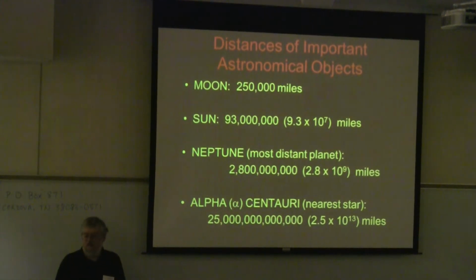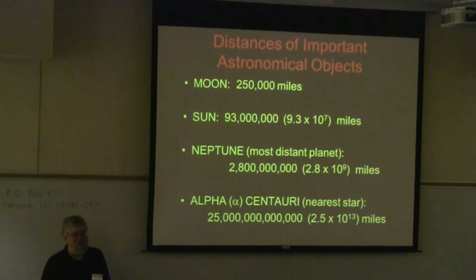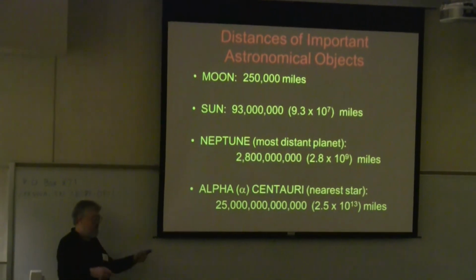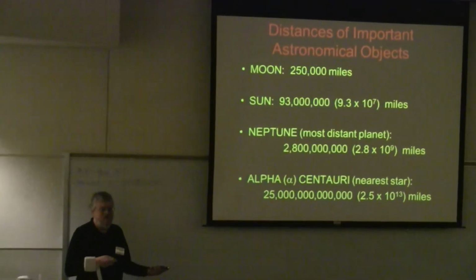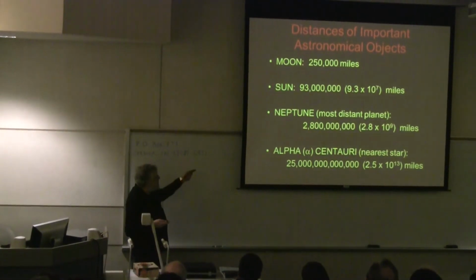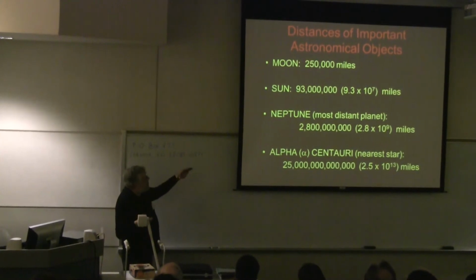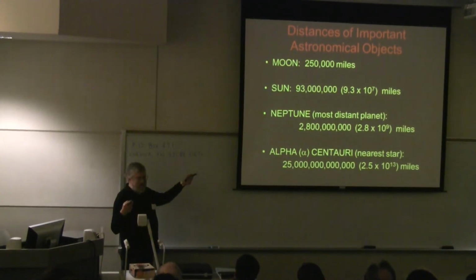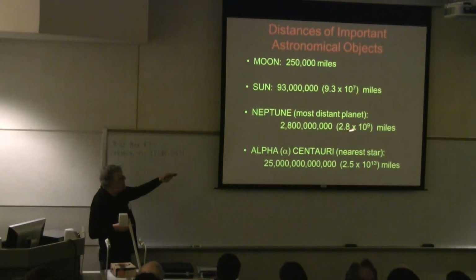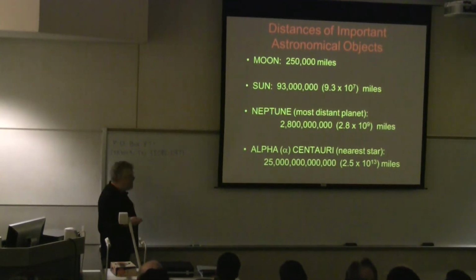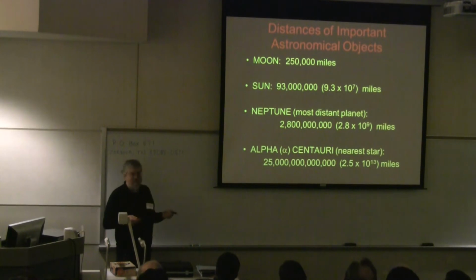In fact, it was for most of the time, even when Pluto was a planet, because Pluto was in such a catawampus orbit that part of the time it was closer to the Sun than Neptune. So Neptune probably all along should have been the last planet, and it's the most distant one, about 2.8 billion miles from the Sun, which is a fur piece, actually. That's out at the fringes of our solar system.